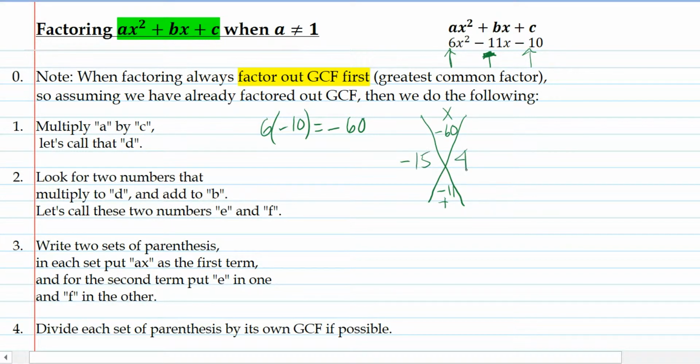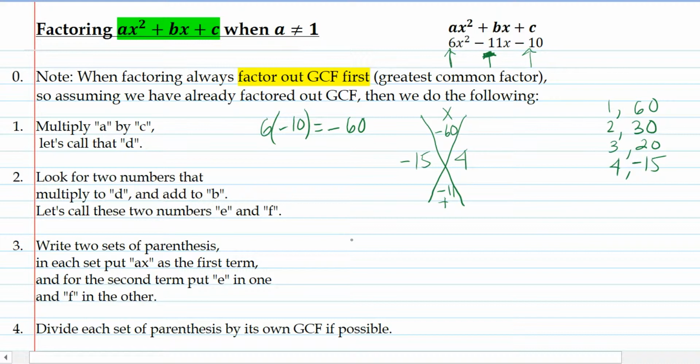If you're having trouble coming up with the numbers, you just put them as pairs. These have to be integers. And you figure on the sign, one of them has to be negative in order for the product to be negative. So you just keep going until you get to your final answer. And that is the case.